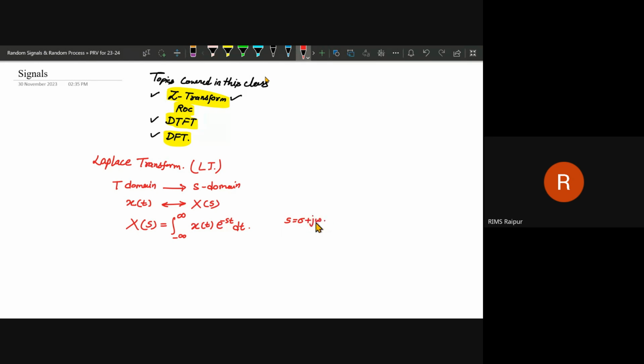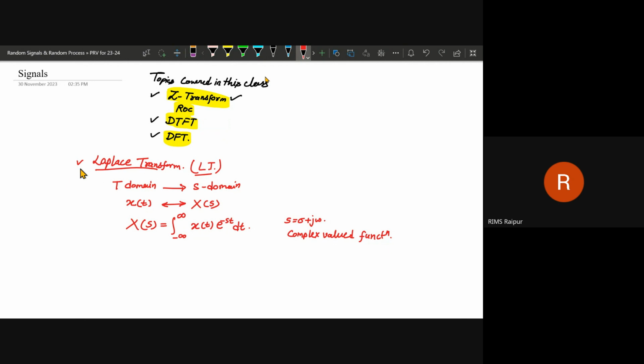This is what we have studied earlier. Here s is also called a complex valued function. Also, this Laplace transform is used for continuous time signals. But it has some limitations.